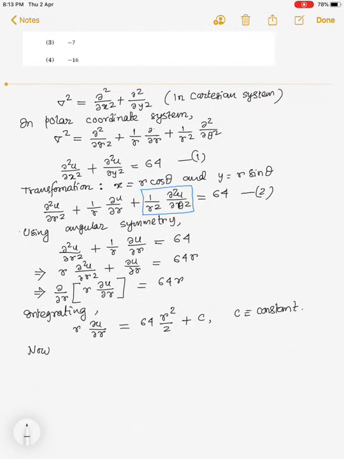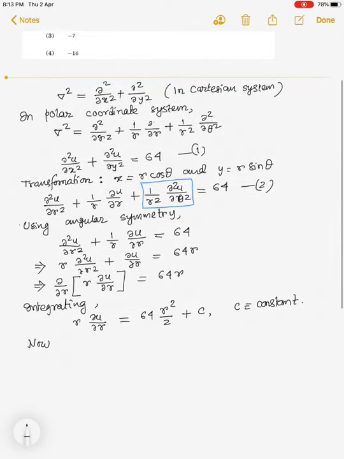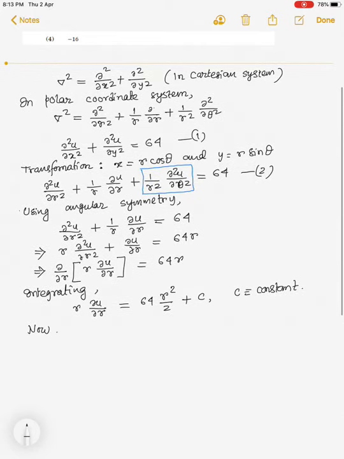Now since the harmonic function u is symmetric about the r axis, we assume the condition del u del r is equal to 0 at r is equal to 0.